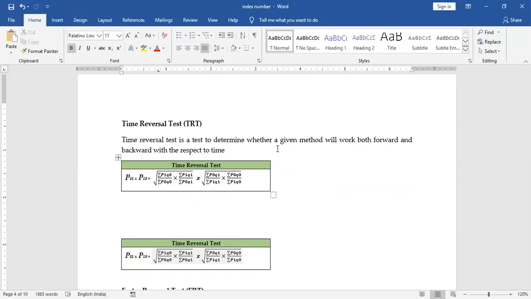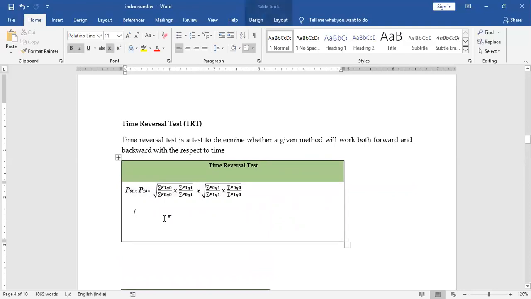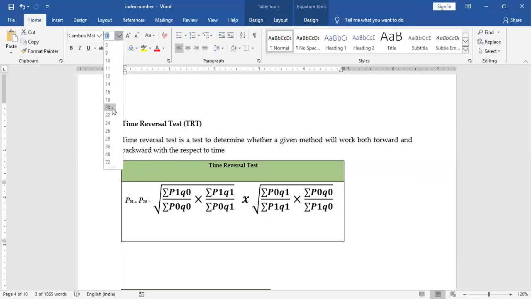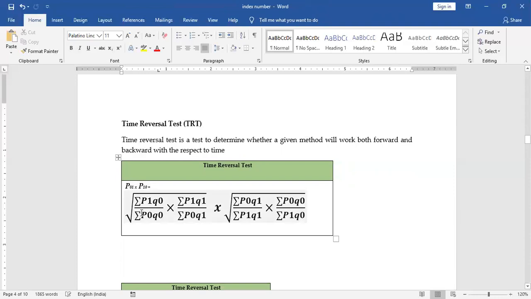We'll basically be applying the Laspeyres' and Paasche's formulas. Try to understand, I'm highlighting it here.